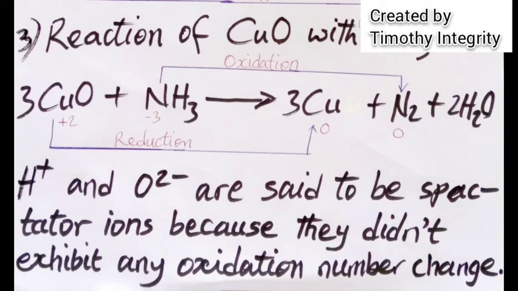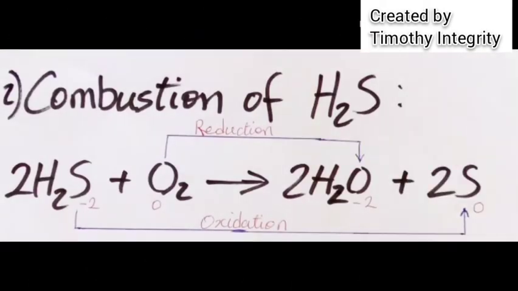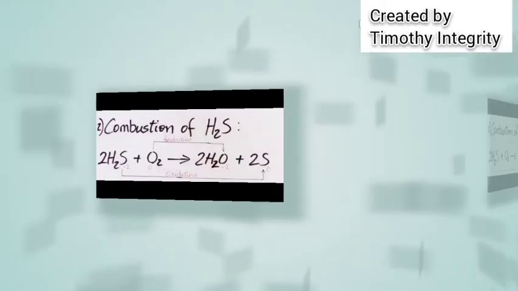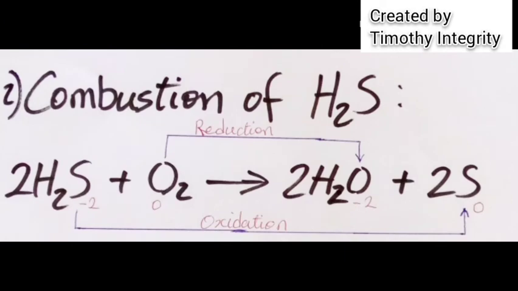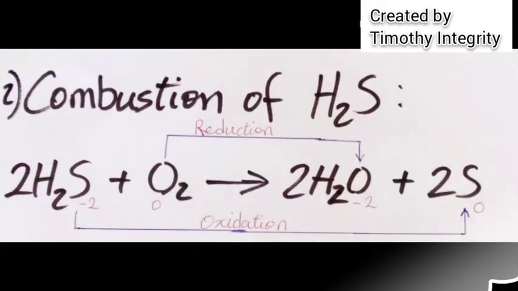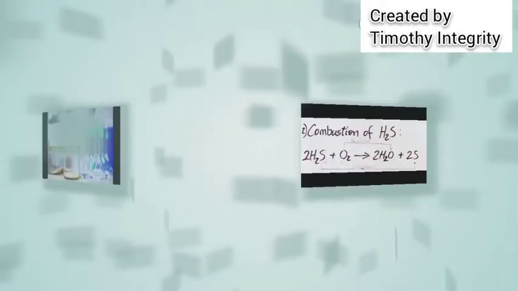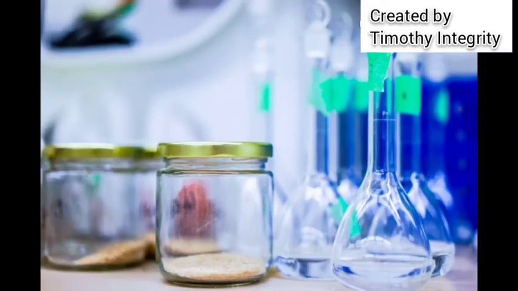You can see the changes in oxidation number. Now here you can tell which one is the oxidizing agent and which is the reducing agent. And you can notice that hydrogen ion and oxide ion were omitted. They are called spectator ions because they did not exhibit any change in oxidation number.